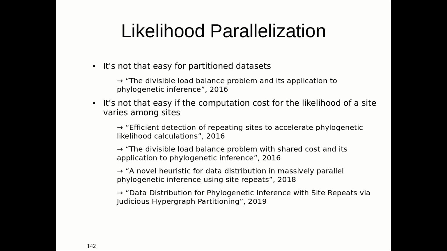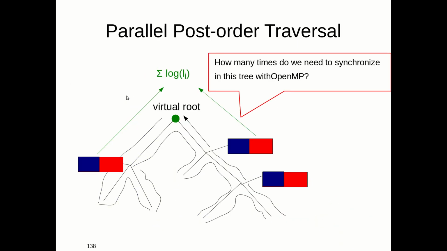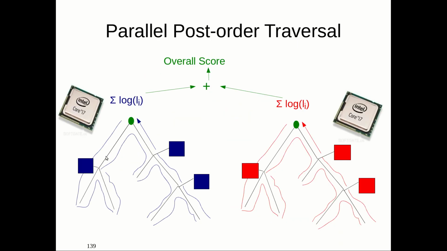And so far what we've assumed until this point is that, if you go back here, we're always splitting this in half, right? So this means that we're assuming that every site has the same computational cost.